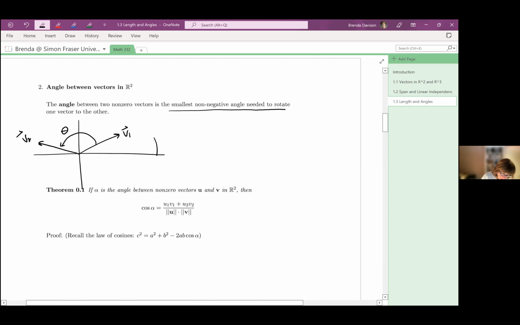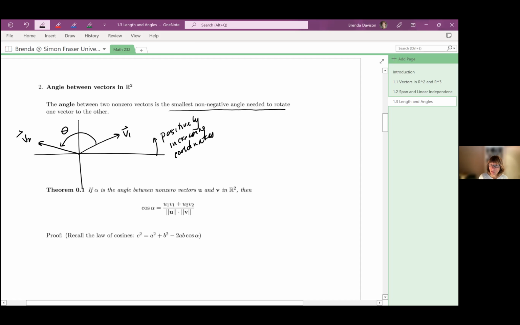And this right here is positively increasing angles. You have taken some other mathematics where you have seen the polar coordinate system.